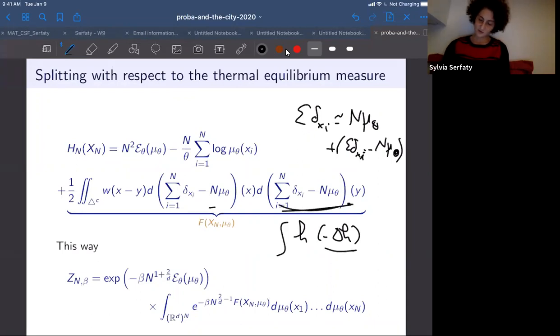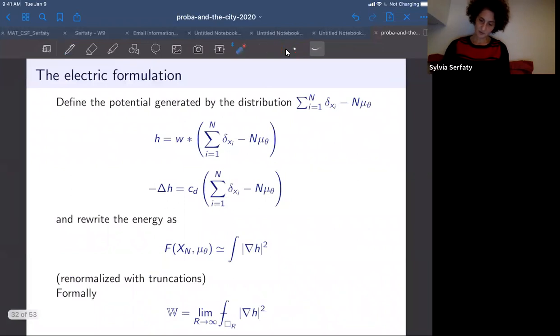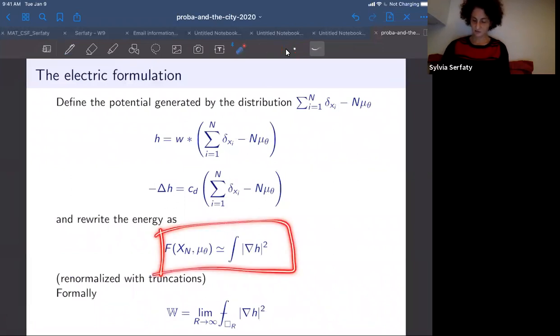So I'm tempted to say that this is this, and then use Green's formula, say this is that. The physicists would not be surprised by this computation. I think they know it very well. The Coulomb interaction energy is the Dirichlet energy of the electric potential. Okay, so we have this.